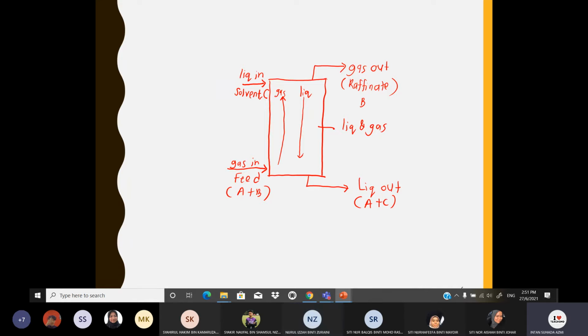Okay, your gas inlet will have components A and B, right? So your components A and B will contact with what component? Component C, right? Your solvent, right, Iza? Yes. So it will produce two outlet streams where there is more component A here, right? So this is the one that you want to separate. All right, thank you, Iza.